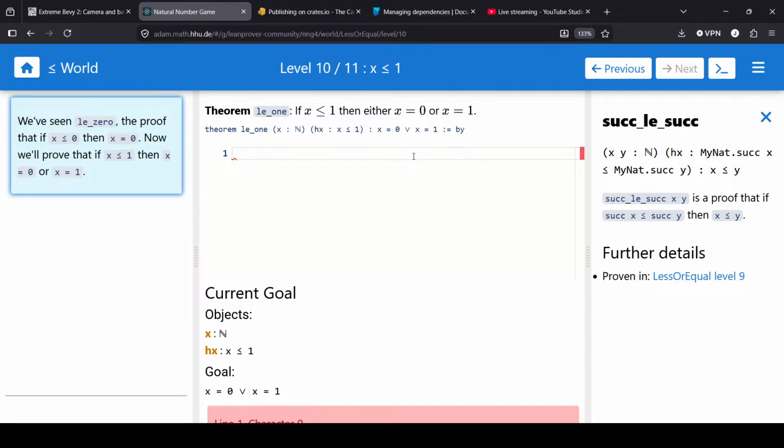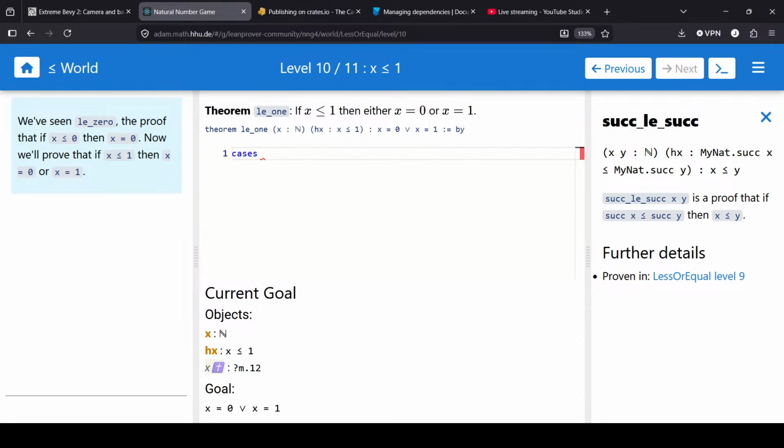So let's see. Do I want left or right? I do not believe I do. So, well, we know that x is less than or equal to 1, but that doesn't mean that it is 1. So we probably need a case split on hx. I actually remembered something for once.